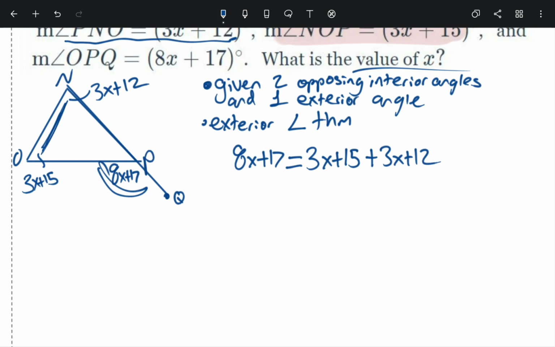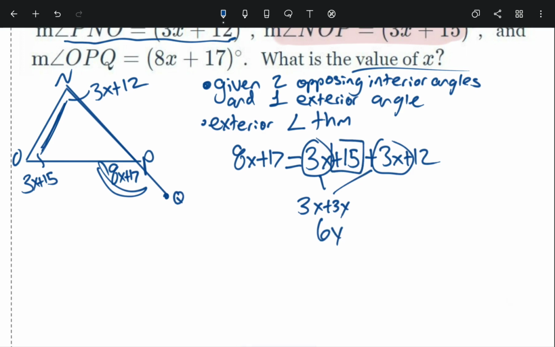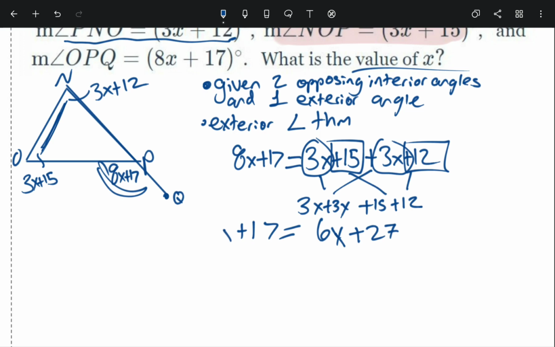On the right hand side, I'm going to start combining like terms. So we get 3x plus 3x, and that gives us 6x. Now 15 plus 12 gives us plus 27. And that is still equal to 8x plus 17.